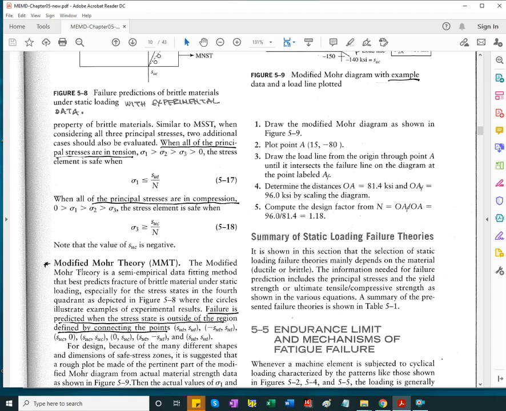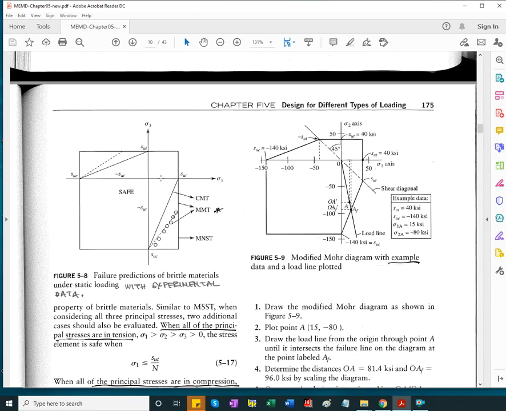The most widely used, and this is the one that I'm emphasizing, is the modified Mohr theory. So the boundary of the safe zone corresponds to an extended point, like you see here, a negative ultimate strength in tension, and you close it with these lines, and they are closer to experimental data.